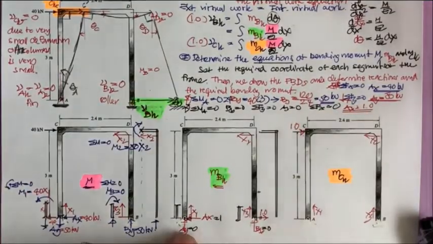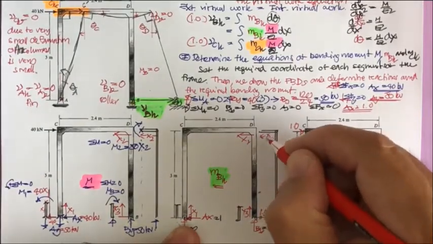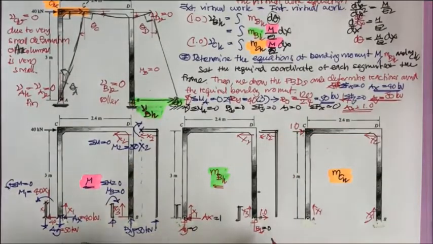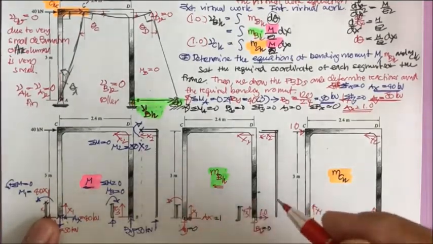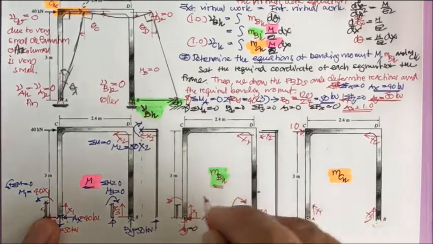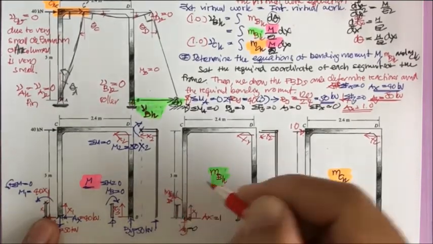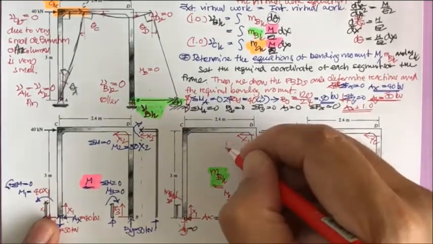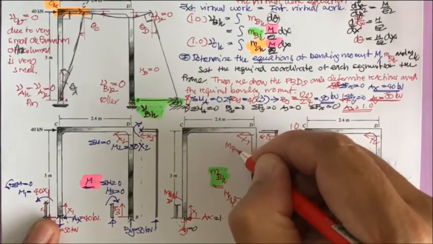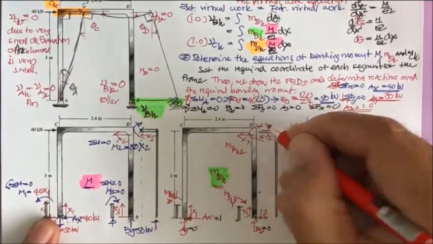Okay, this is x1, x2 and x3, and you're going to use the same. This is m sub bh1, this is m sub bh3, this is going to be m sub bh2 in the same direction that you set up here.